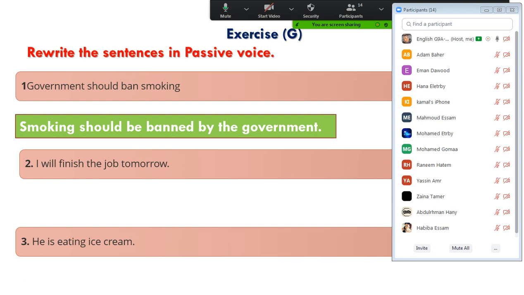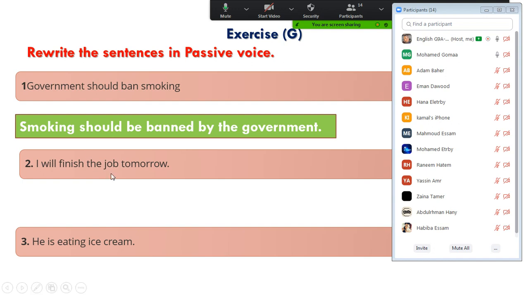Number 2 will go to Muhammad Goma. Miss, number 2: I will finish the job tomorrow. Okay. Job tomorrow will finish by me.